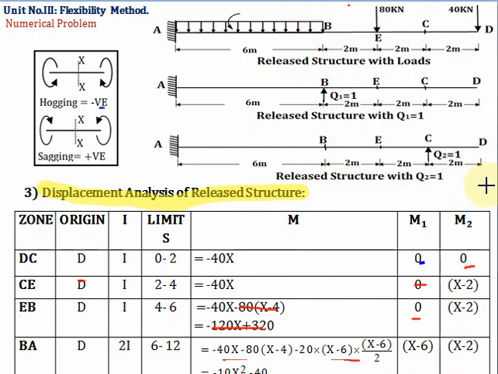Consider the next zone. We'll take the section in the next zone, that is AB, or B we can say, and we'll measure the x from D point.